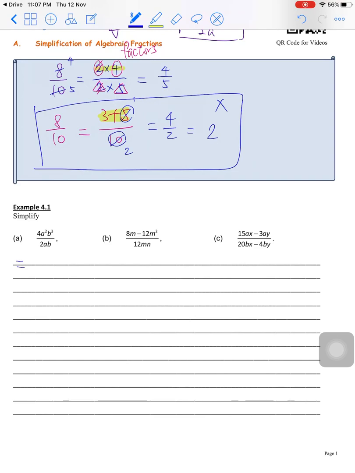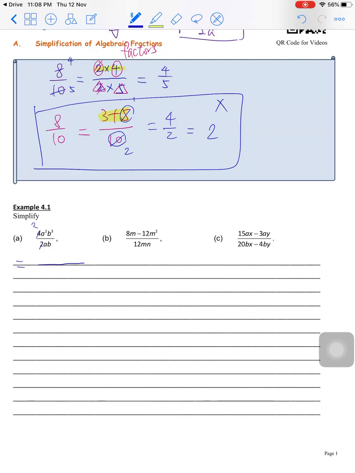So 4, a squared and b to the power 3 are factors because it is multiplication. And then the denominator is 2 times a times b. So 2, a and b are factors of the denominator, so we can cancel them out.